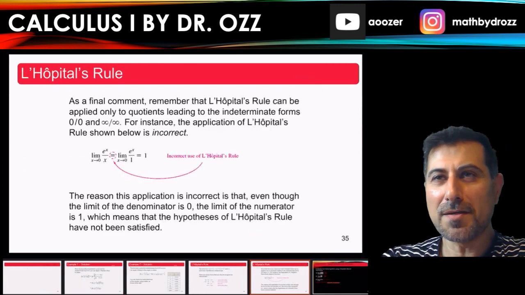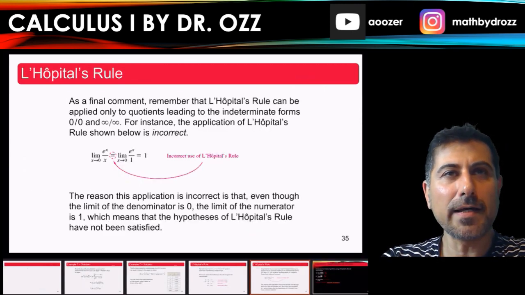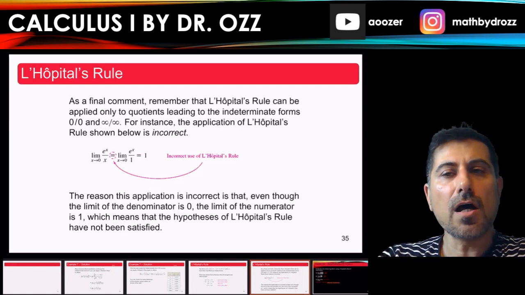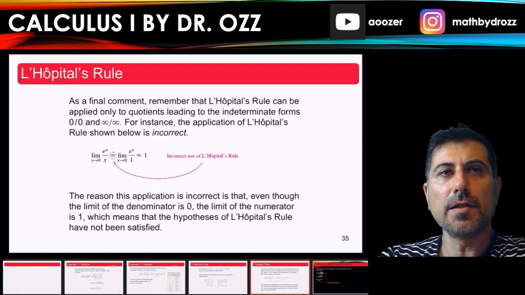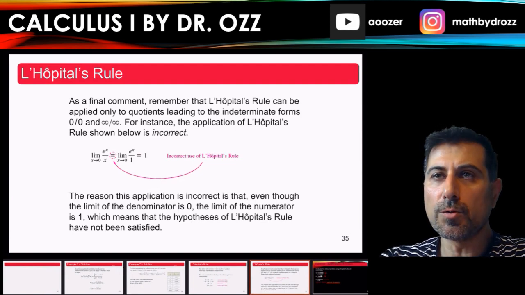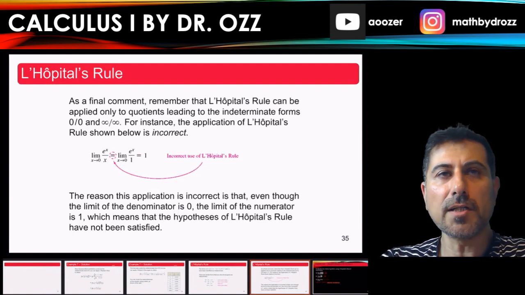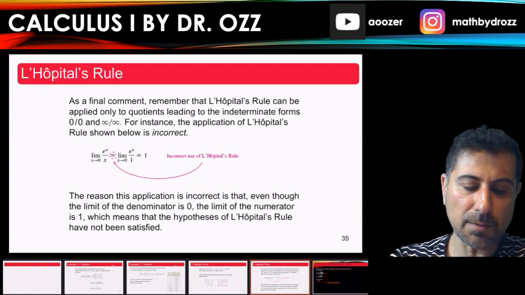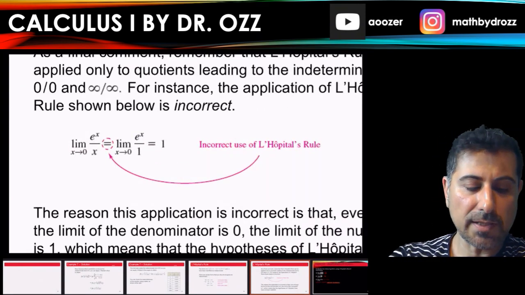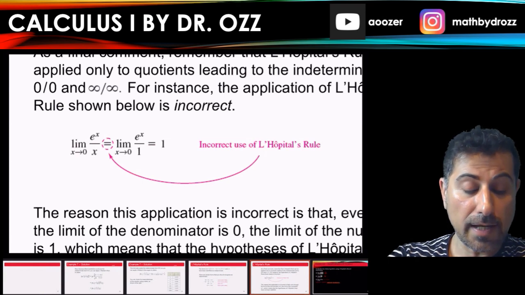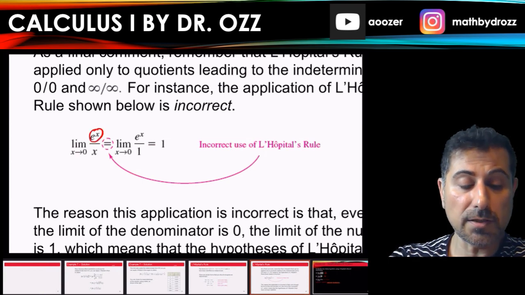All right, let me finish this video with a quick remark here. Just realize that L'Hopital's rule is only applied to 0 over 0 or infinity over infinity type indeterminate forms. For example, this use of L'Hopital's rule is incorrect because as x approaches 0 here, e to the 0 approaches 1, and this is already 0.